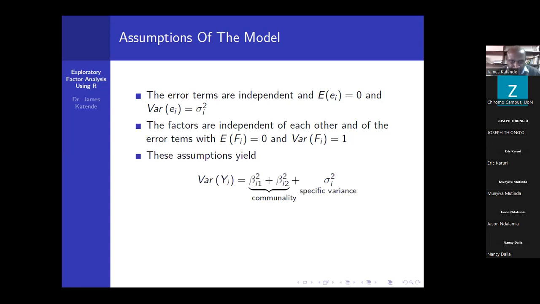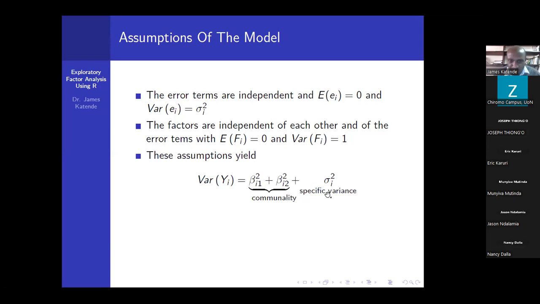With these assumptions, we're able to split the variance of a given variable into two parts. There's the part that is contributed by the factors, the communality, and the specific variance that is contributed by the variable itself.